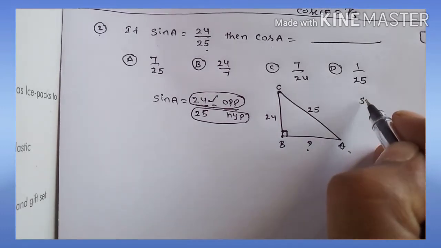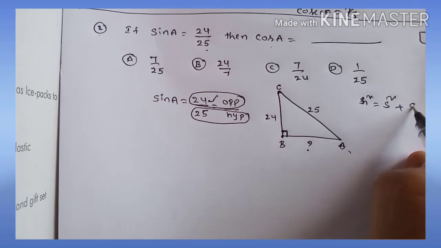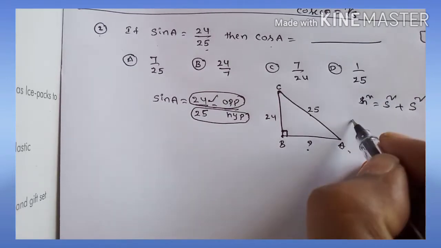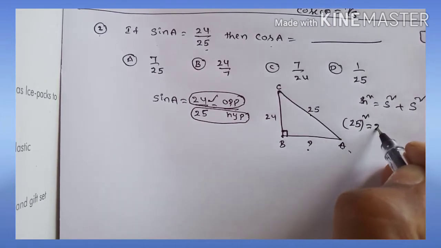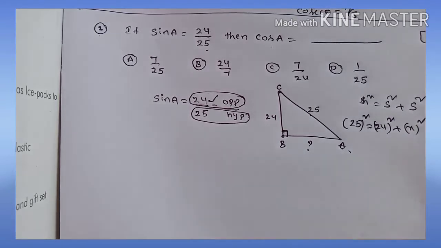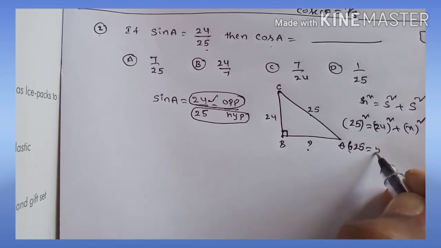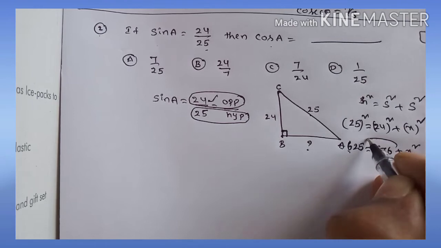We know the Pythagoras theorem: hypotenuse square is equal to side square plus side square. Hypotenuse value is 25. So 25 square is equal to one side 24 square, and the second side we don't know, x. 25 25s are 625, 24 24s are 576, plus x square.